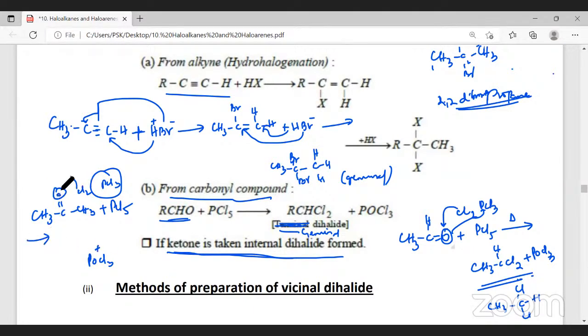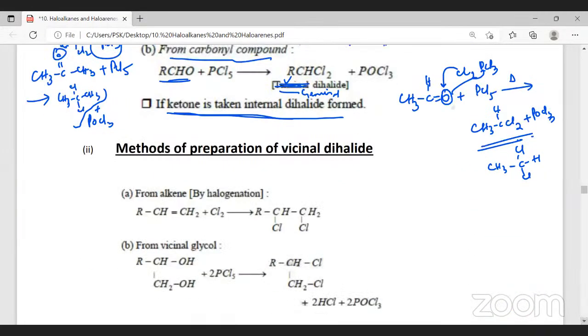In place of this oxygen, you will get Cl. So you will get CH3, CCl2, and CH3. This is also called a geminal dihalide, but they're calling it an internal geminal dihalide. And here, maybe this name can be given as a terminal dihalide because it is on the extreme last carbon atom. Therefore, it also can be called a terminal dihalide.